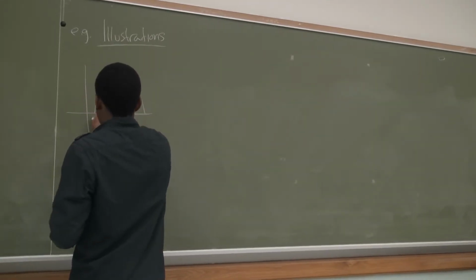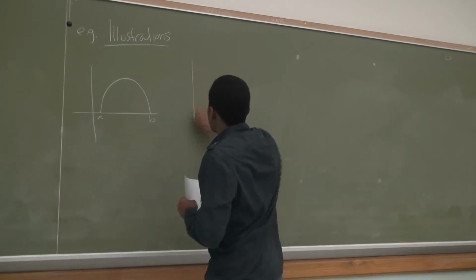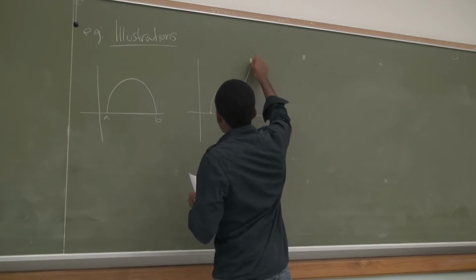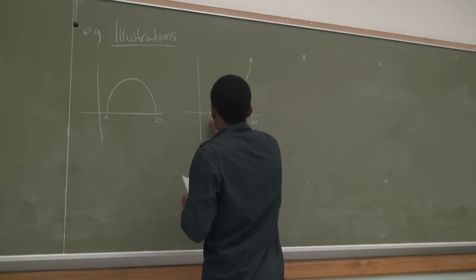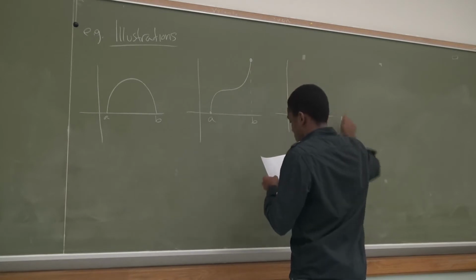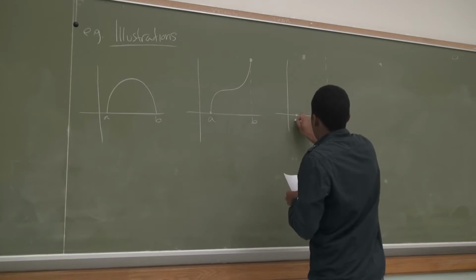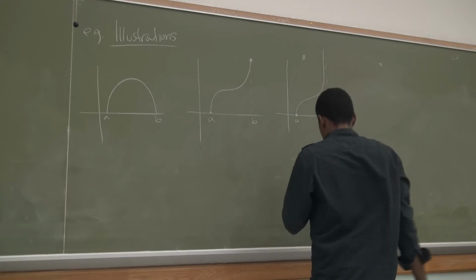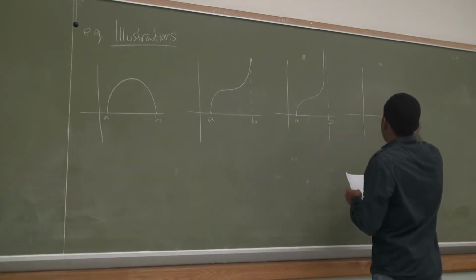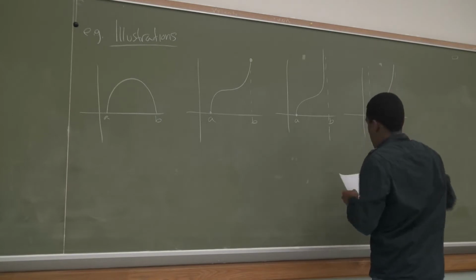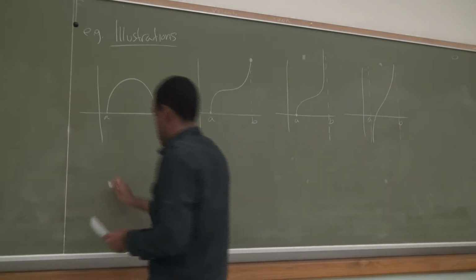So say there's this function, the domain is AB. There's another function with domain AB. Here's another function.